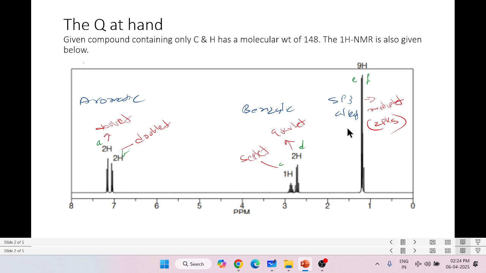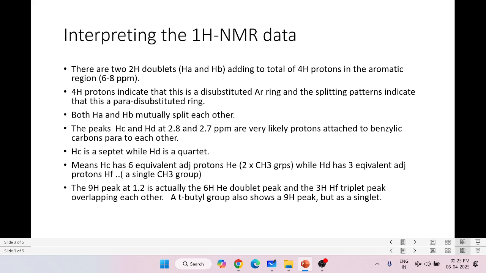Let us summarize what we found. There are 2H doublets, HA and HB, adding to a total of 4H in the aromatic region, 6 to 8 ppm. 4H indicates a disubstituted ring, and the splitting pattern indicates a para disubstituted ring. HA and HB mutually split each other. The peaks HC and HD at 2.8 and 2.7 ppm are very likely benzylic protons, and these benzylic carbons are para to each other.